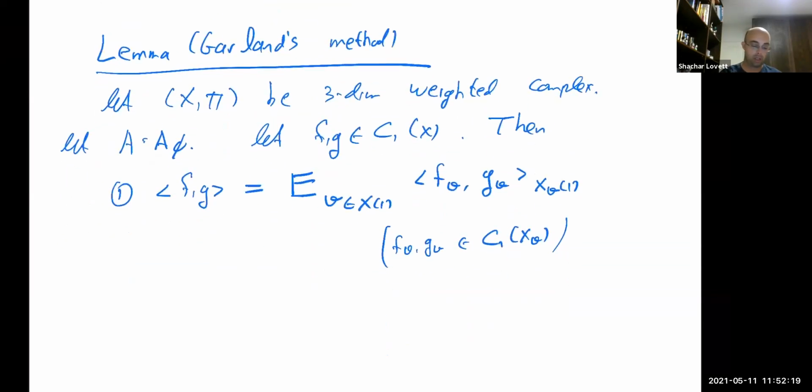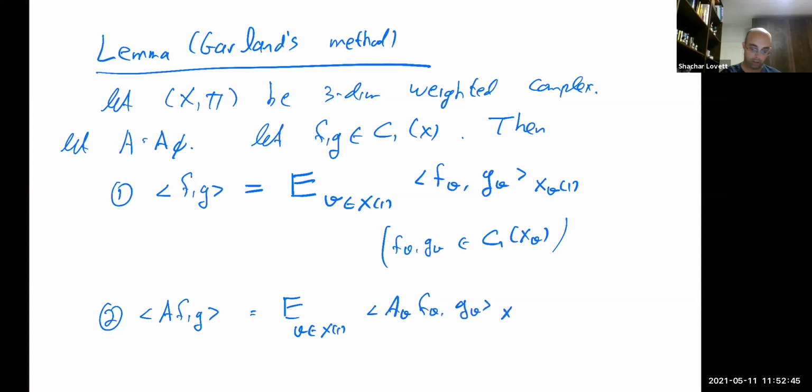And the other one is going to be about the adjacency matrix of the whole graph. AFG is going to be, again, a very similar thing: the expectation over V in X1 of AV FV, GV.